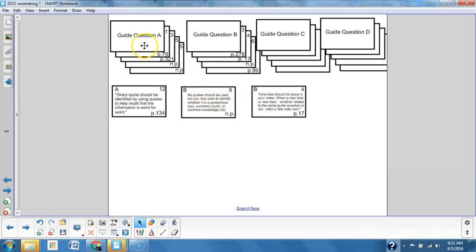Now you'll take a look at guide question A. Underneath here, just as a reference, how many note cards should you have? It really depends on your topic, and on how much you plan on analyzing the information and how much you need to write down to remember. So it could go from 10 to 25. Sometimes you'll have teachers and professors who will ask for a certain number of note cards.